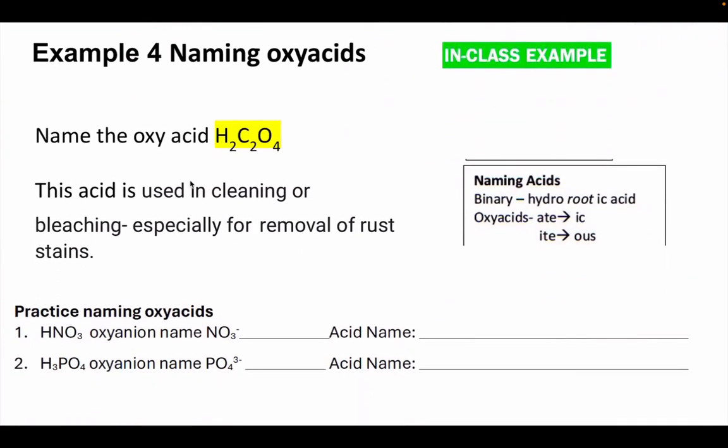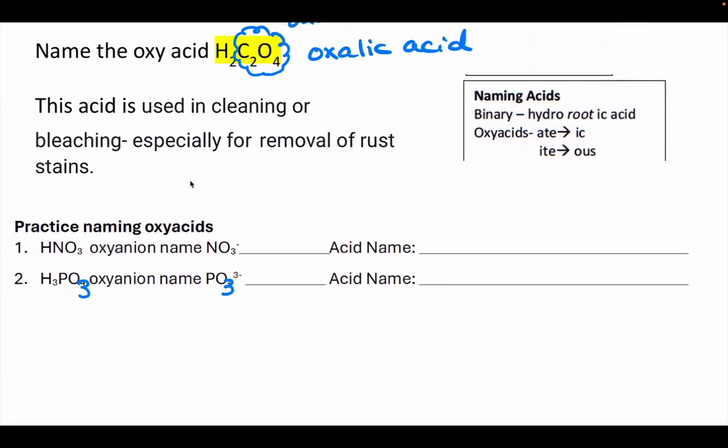Here's another few examples you could try and then pause and check how you do. This one here, that ion is called oxalate. So this becomes oxalic acid. Let's change this one to a 3 so that we haven't done any yet with the us. So this one, the NO3 part of this compound is called nitrate.